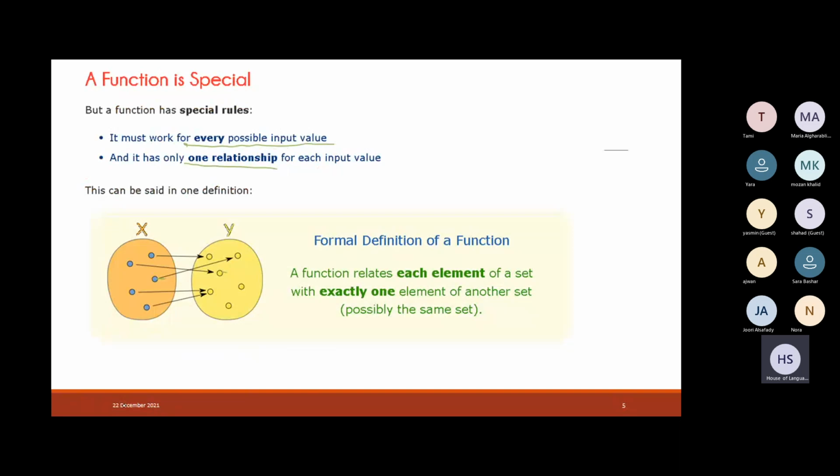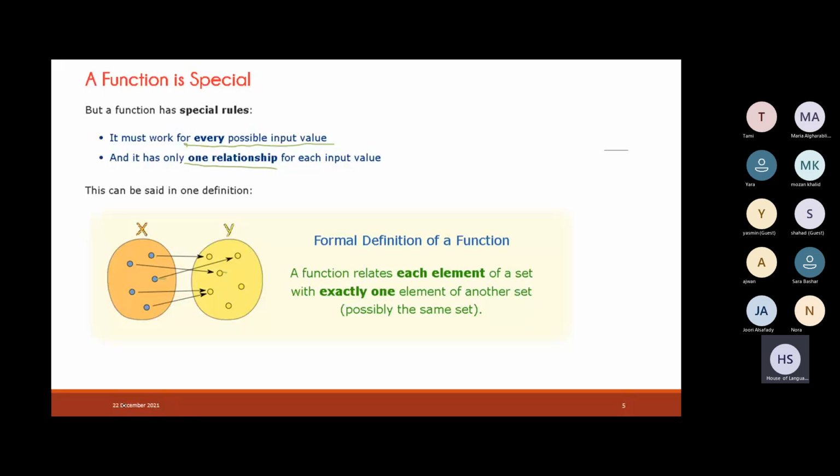Just a minute. In a function, the input never gets two outputs. Exactly one input must have exactly one output. It cannot have two outputs.